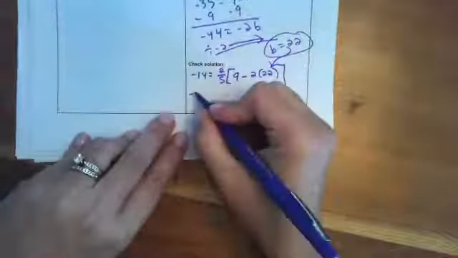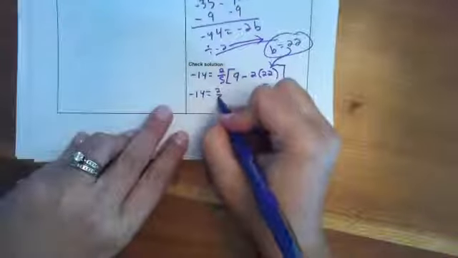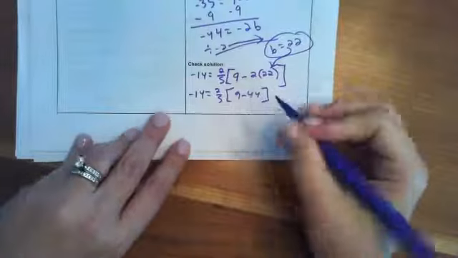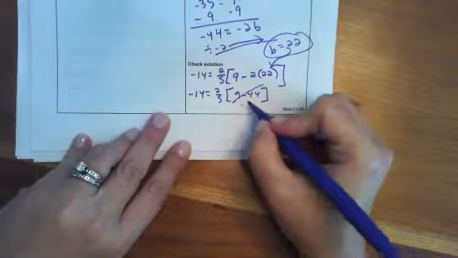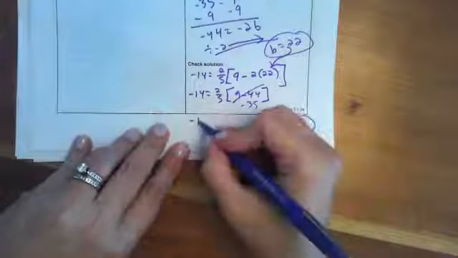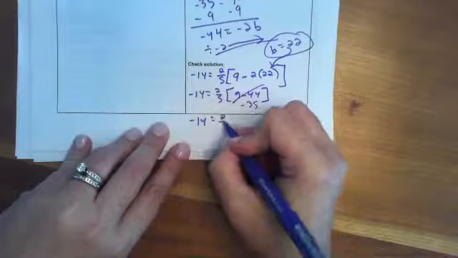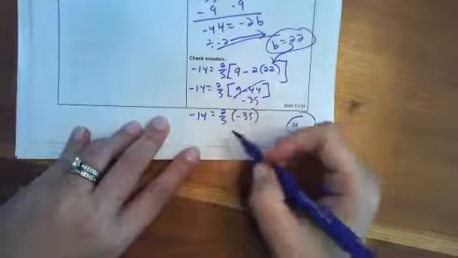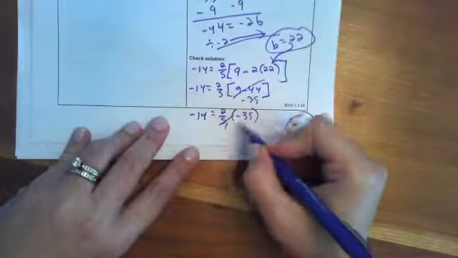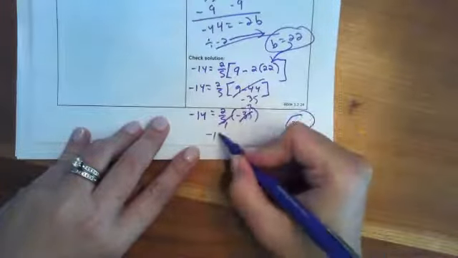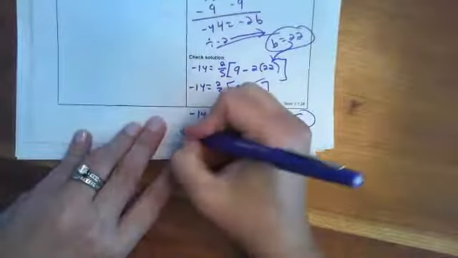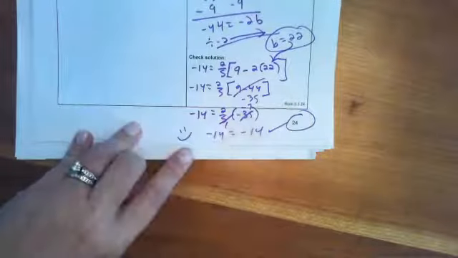Negative 14 equals 2/5 times 9 minus, what is that, 44? That's going to give me negative 35. Negative 14 equals 2/5 times negative 35. Again, I always cross simplify to make my life easier. Negative 7, we've got negative 14 equals negative 14, and we are good.